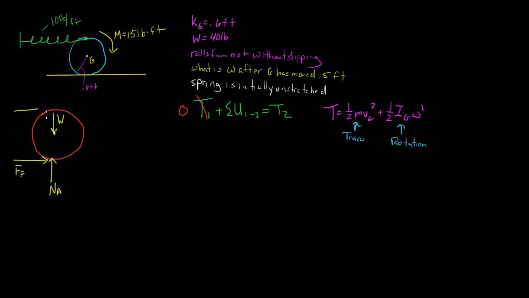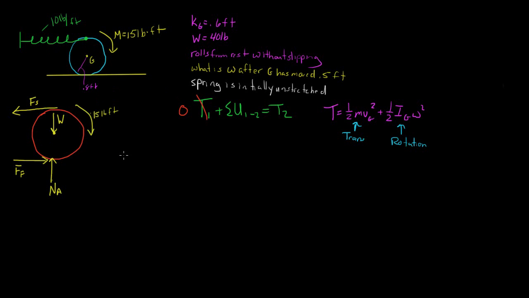We're going to have a spring force that's going to point towards the left. This spring force points towards the left because as we move and stretch this spring out, it's going to want to come back to its unstretched position, which it is right now. And finally, we have this moment right here, which is 15 foot-pounds.